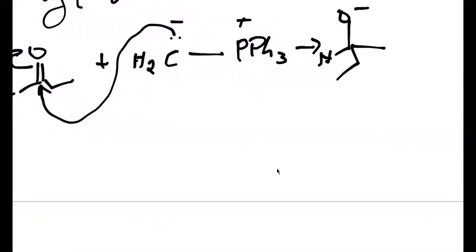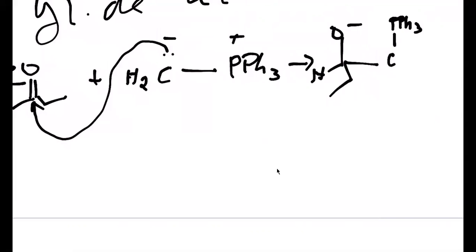And then this is the CH2. Right, phosphorus is still positive. And then I'm just going to write out the hydrogens on that carbon.